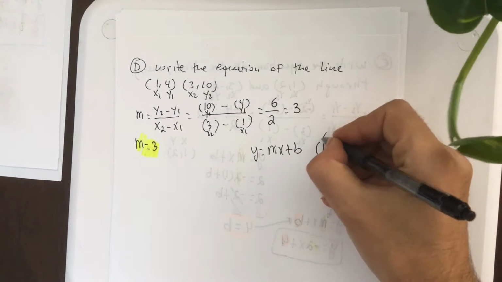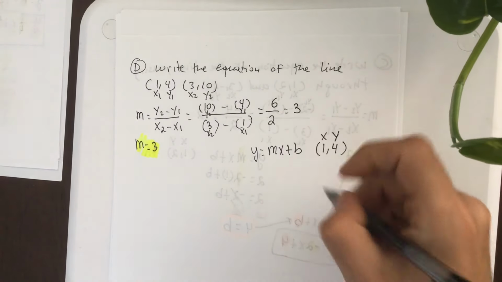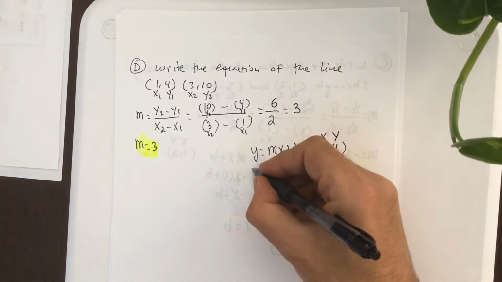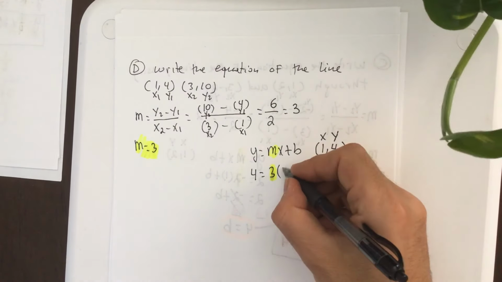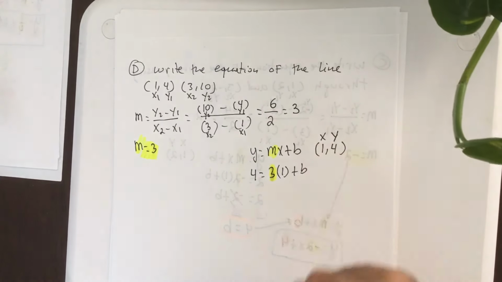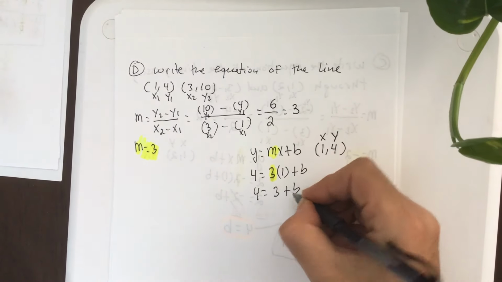So remember, 1 is going to be my x for the substitution, and 4 is going to be my y for the substitution here. So 4, that's my y. Slope 3. That comes from the previous step. Times x. x is 1, plus b.